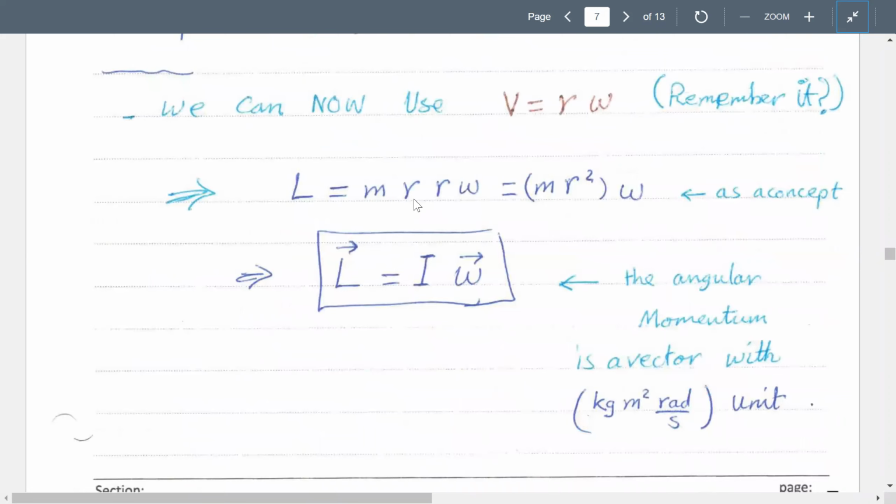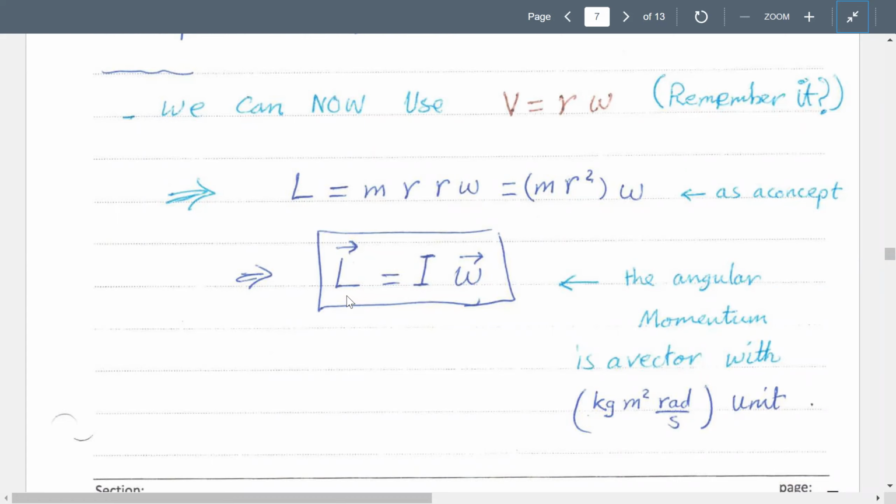This is mR, and V is equal to R omega. So it is mR squared multiplied by the angular velocity. mR squared, again, is the moment of inertia, which is the rotational effect of the mass.